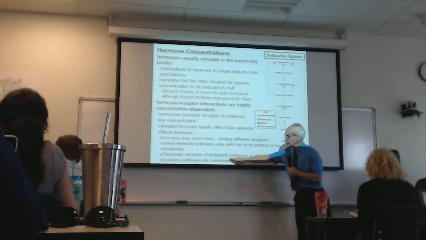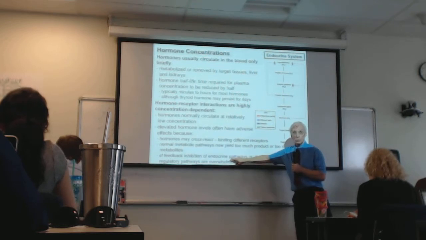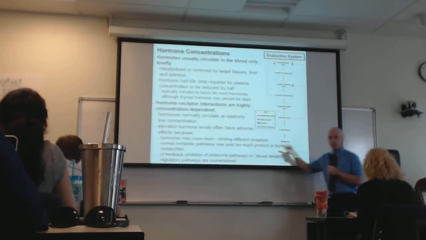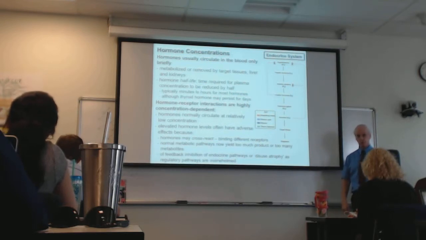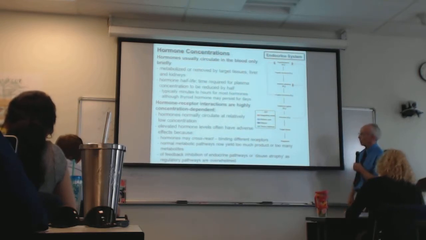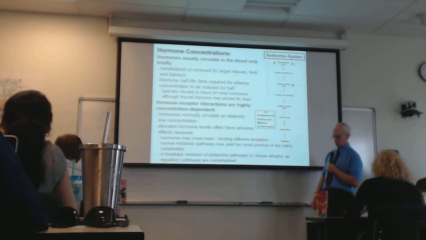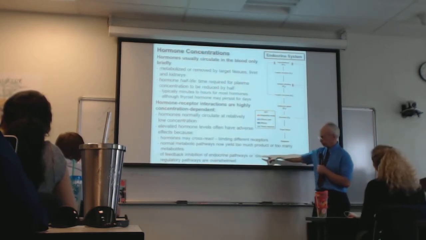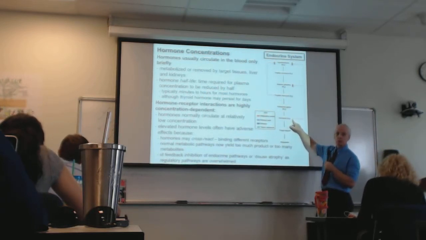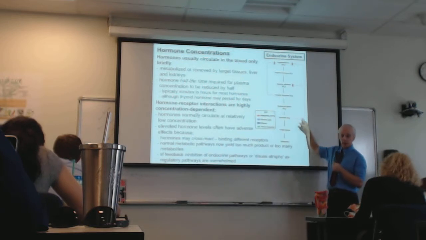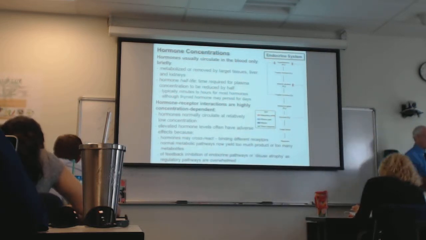So what you get with too much circulating hormone is this inhibition feedback system, which in some cases can have adverse consequences. We'll talk about that a little later too. Remember we said that the duration of the hormone receptor interaction is very critical. Eventually, this whole system may just break down because of the very high concentration of the hormone in the system.